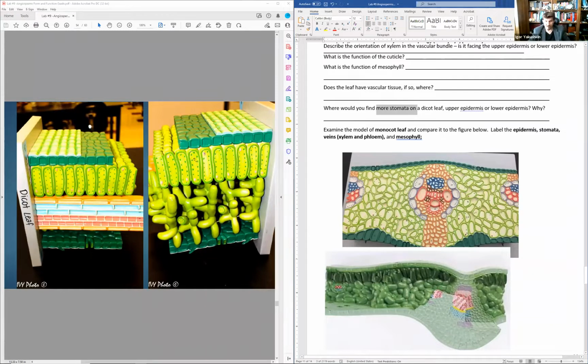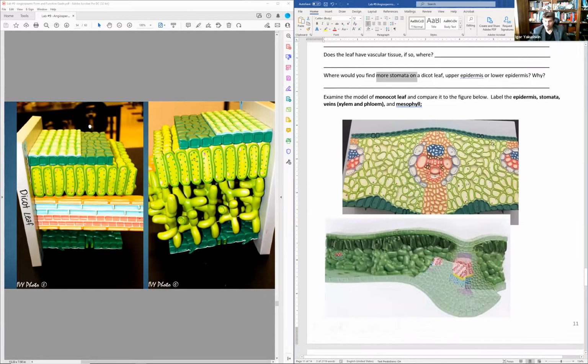So in this case, you're looking at monocot versus dicot leaves. Presence of the palisade parenchyma most of the time indicates dicot. So I'll label the epidermis. Oh, and the stomata would be on either side of the leaf in the monocot. Mesophyll is everything between the upper and lower epidermis.